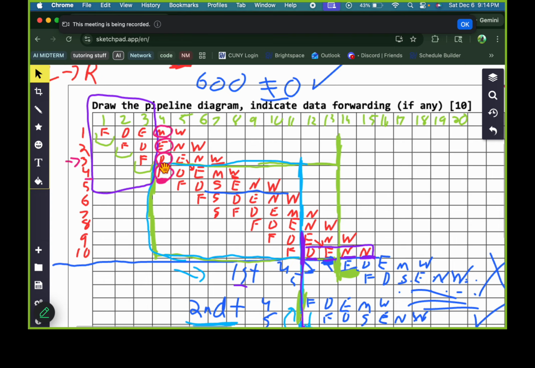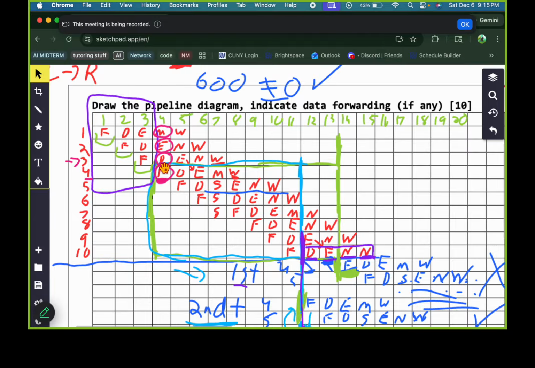But what if this was at the very beginning? We know that the MDR is not changed until the middle of the fetch instruction. Therefore, that MDR would still have the previous value in it. So it would not have 4's instruction yet. It would have 3's instruction because we haven't changed it yet.